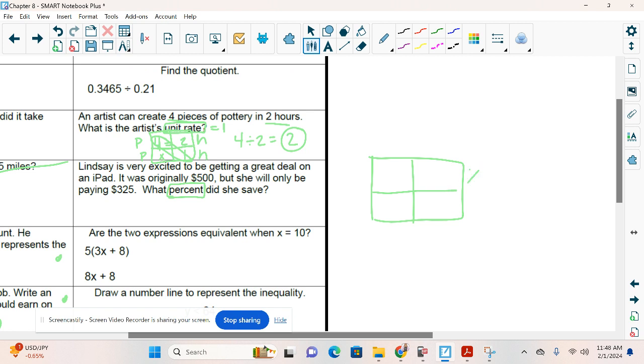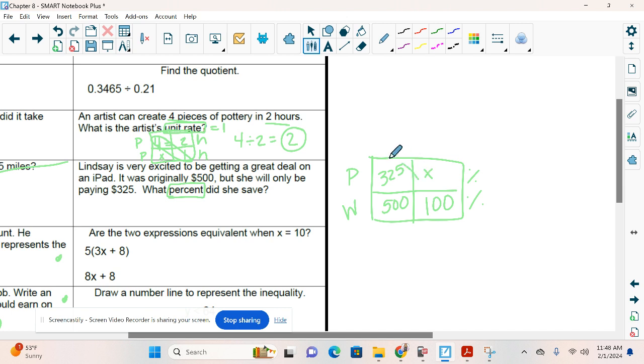Because this is a word problem, it's not going to be an is-of situation. It's going to be a part to whole situation. The original total price was $500, and what she's paying is $325. We want to know what percentage of that it is.